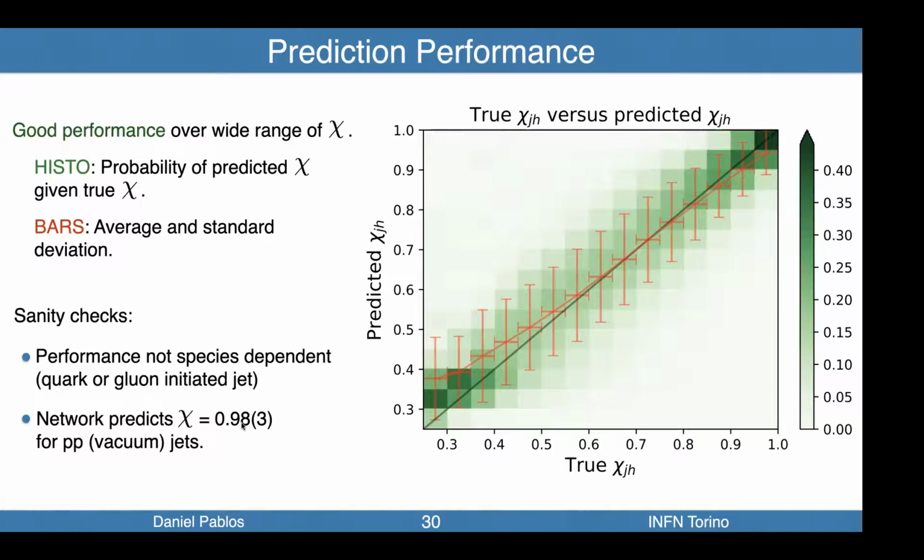But of course, in a sample of medium jets, you get jets that are very modified, jets that are not modified. So the machine correctly predicts that vacuum jets are in fact not modified.